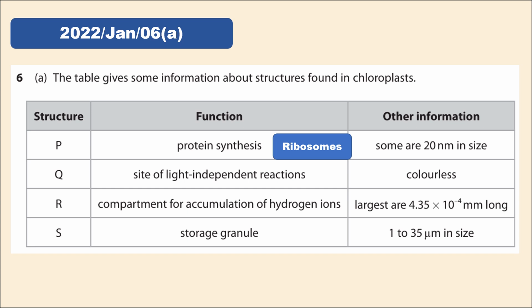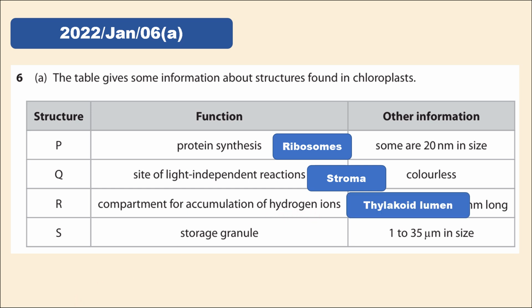Structure Q, this structure is described as colorless and is the site of light independent reactions, and you know it's stroma. And structure R, this is the compartment where hydrogen ions accumulate, and this function points to the thylakoid membrane.